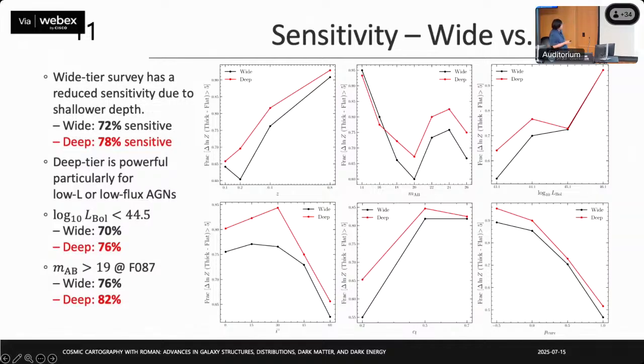And if we compare between the wide tier survey and deep tier survey, wide tier survey has a little bit reduced sensitivity due to its shallower depth, but it is still overall 70 to 80%. Deep tier is in particular useful for the low flux or low luminosity AGNs.